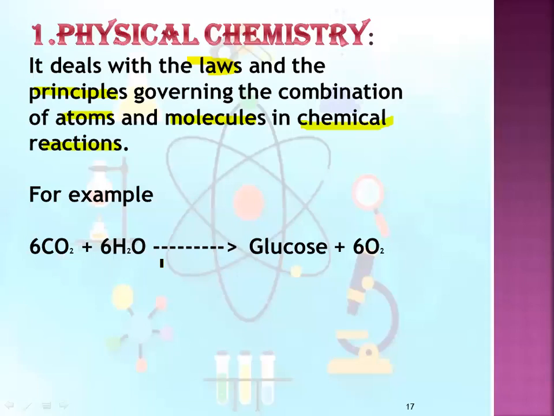Because here you will learn how glucose forms, and what laws and principles are required to form one molecule of glucose. 6 molecules of carbon dioxide and 6 molecules of water are required to make glucose and oxygen.